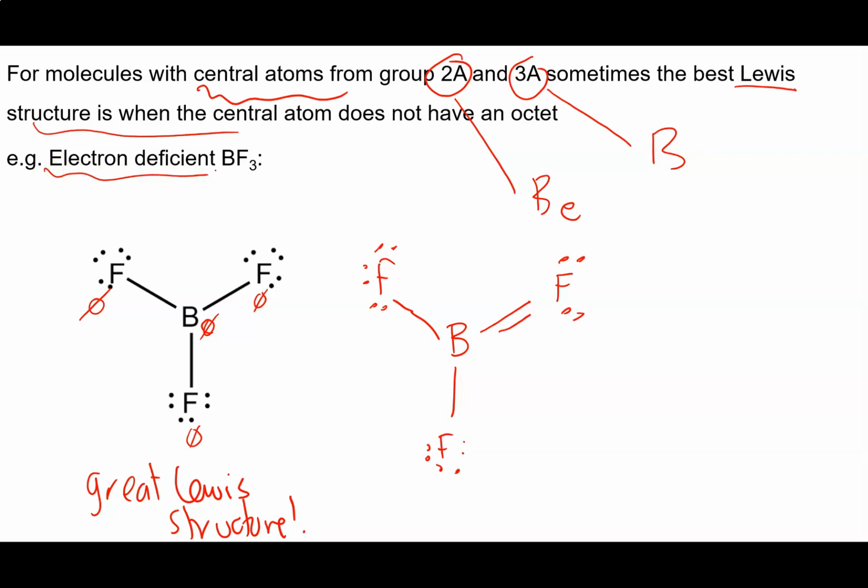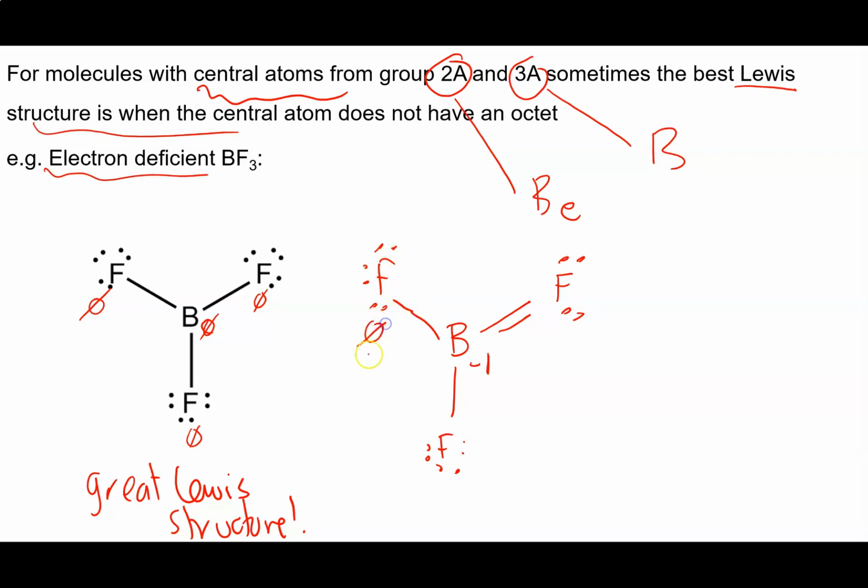Now, what about if we did do the correct Lewis structure? Would it be better? Would it be worse? Well, boron's from group 3A, so 3 minus 1, 2, 3, 4, we would have a formal charge of minus 1 on the boron. These two fluorines are exactly the same, so we only have to do the formal charge on one of them. Fluorine is in group 7 minus 1, 2, 3, 4, 5, 6, 7.